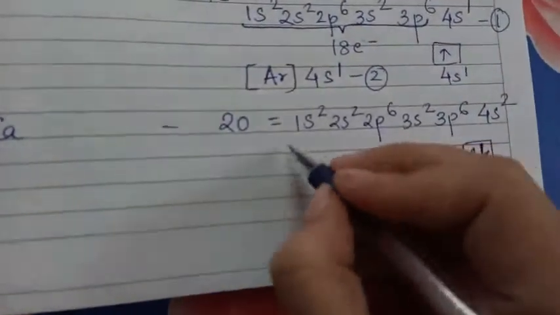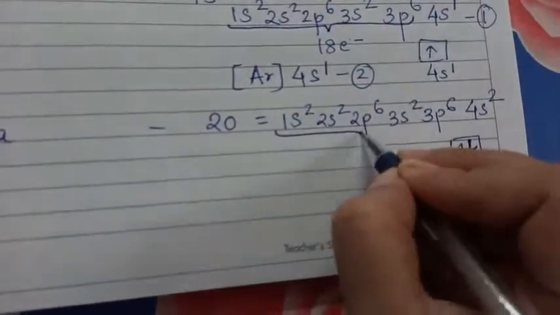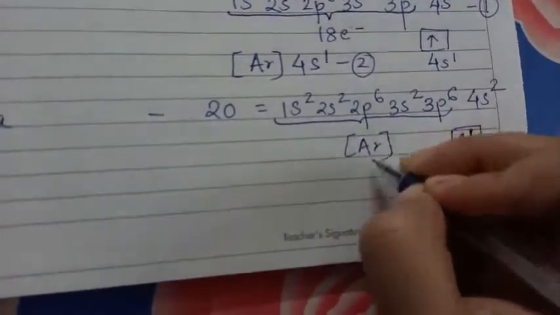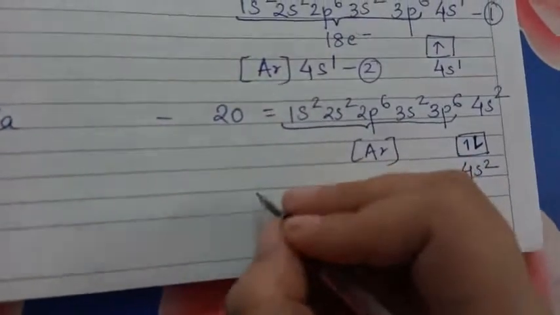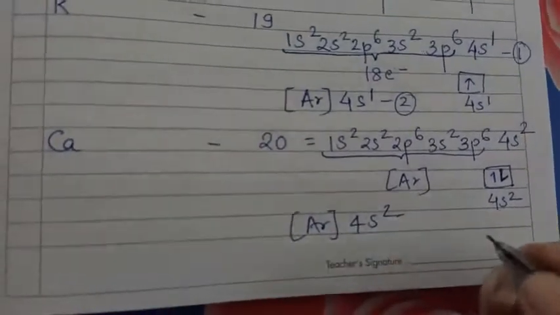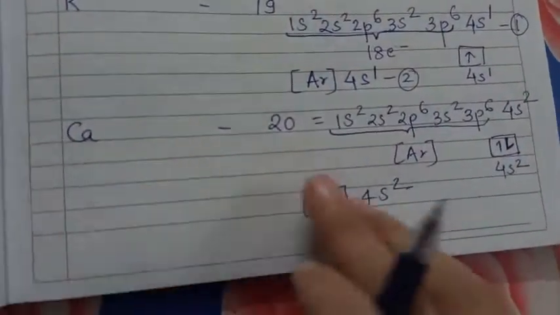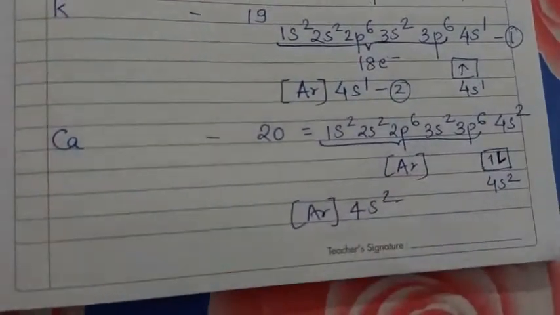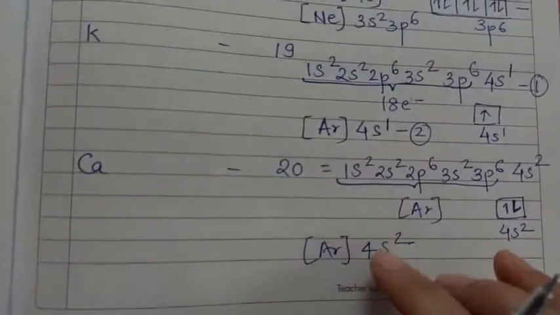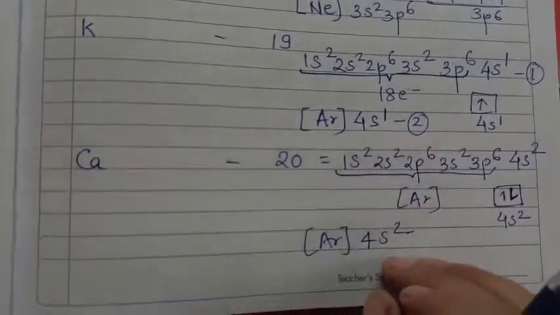Okay, so we already know that 18 electrons till 3p6 represent what? Argon. So we can write this configuration as argon 4s2, right? So you should know in calcium 4s is the subshell which is totally filled.